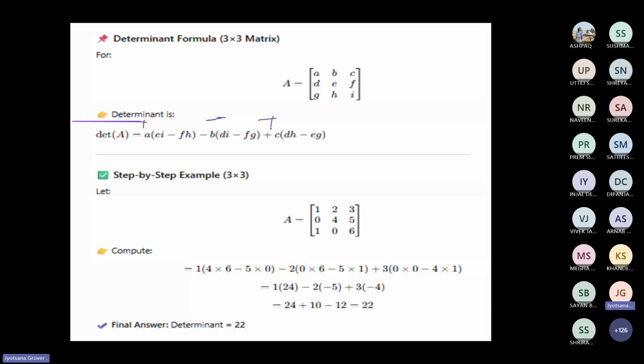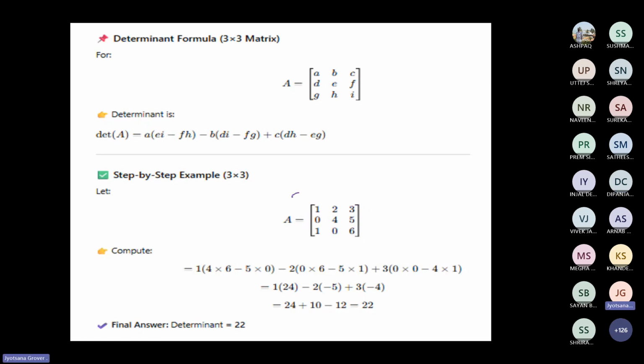Now we'll do this numerical. Here, 1 into: you leave out this column, leave out this row. So what you get is 4 into 6 is 24, 24 minus 5 into 0.